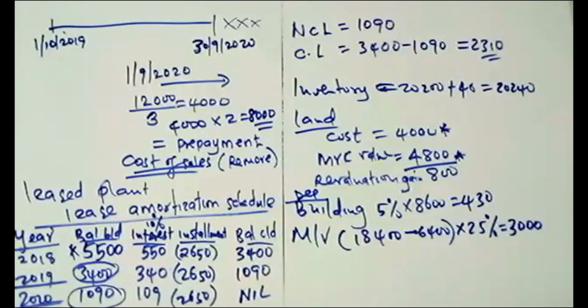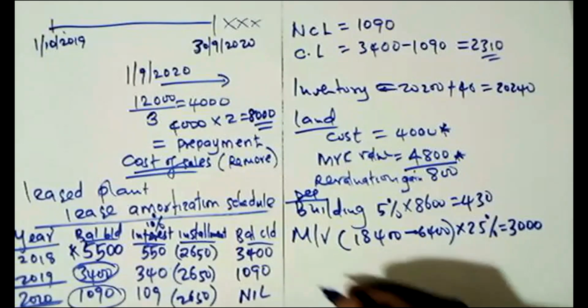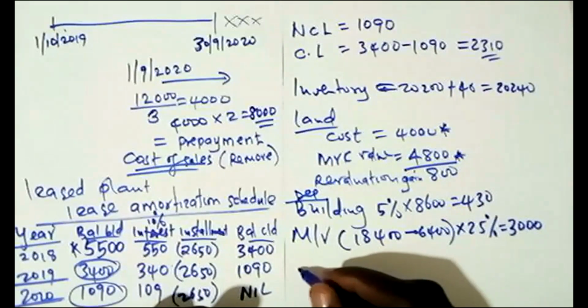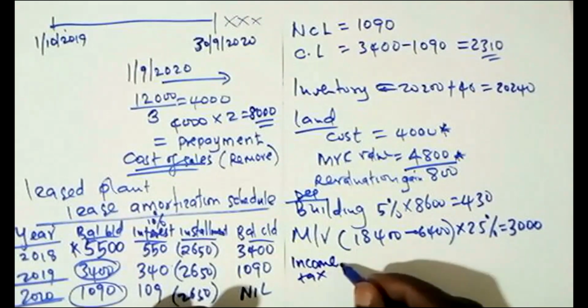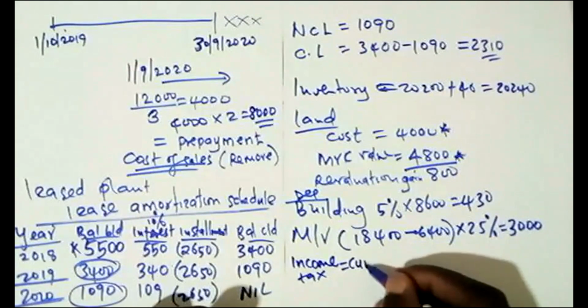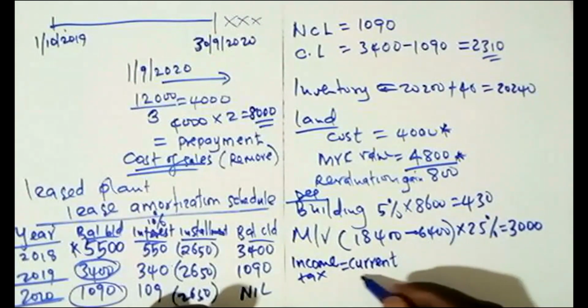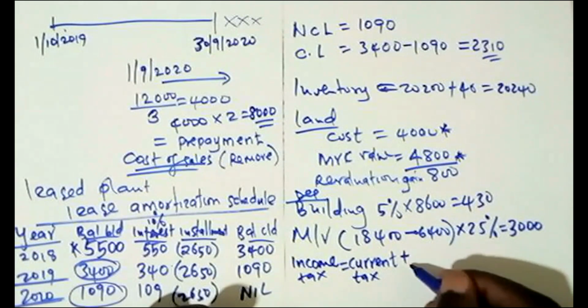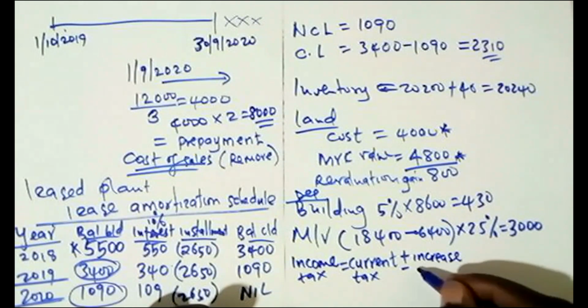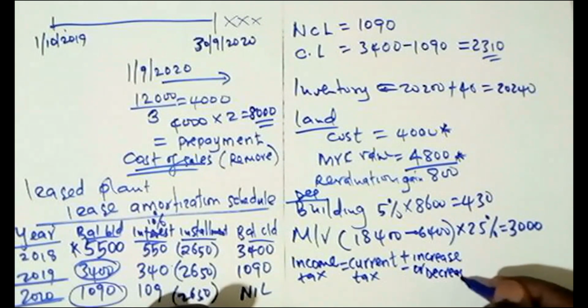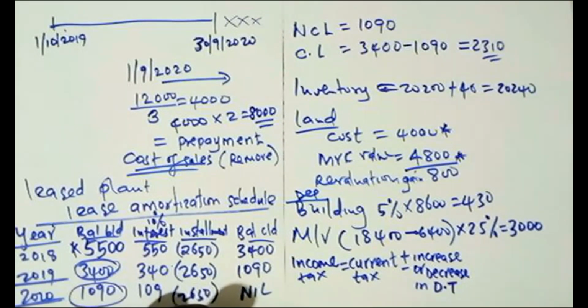For you to understand more about this tax, to compute income tax, we always say we start with current tax, plus or minus an increase or decrease in deferred tax.